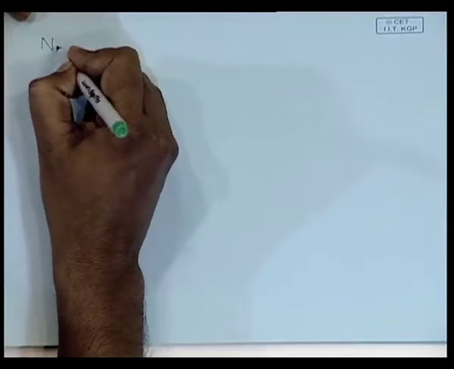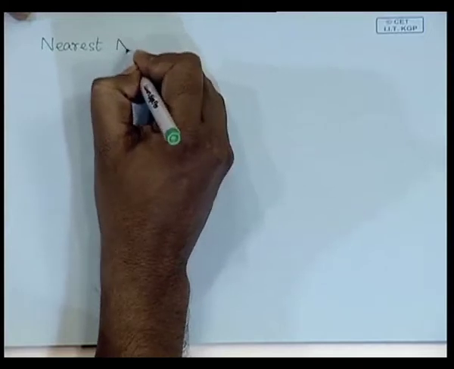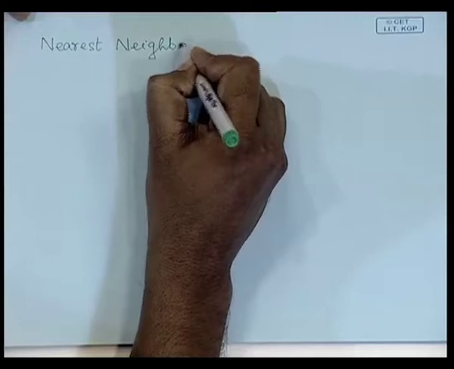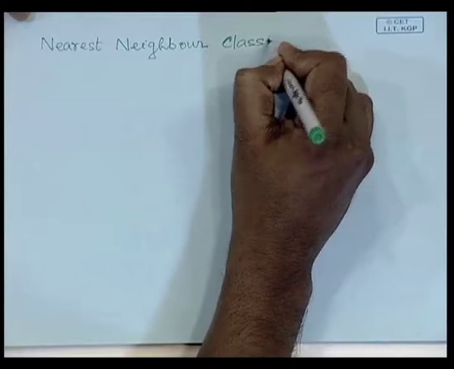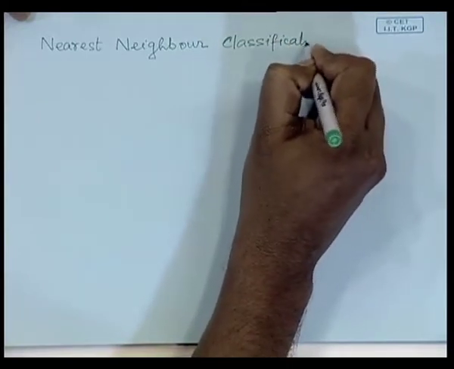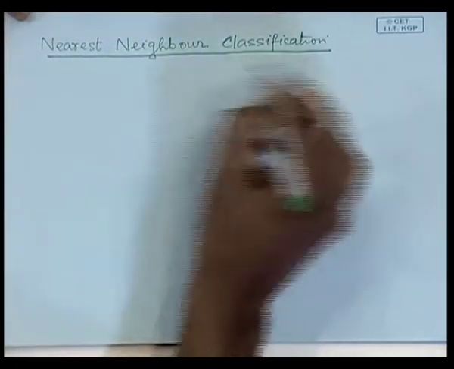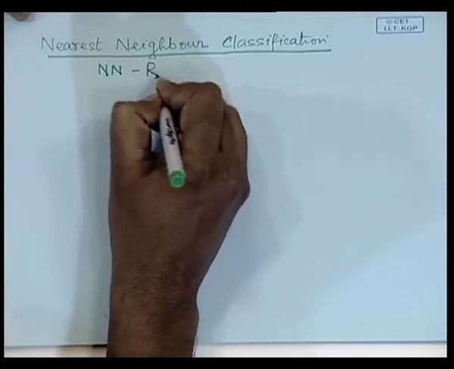So, one of the non-parametric techniques for pattern classification is called the nearest neighbor rule, or nearest neighbor classification, or also the NN rule.